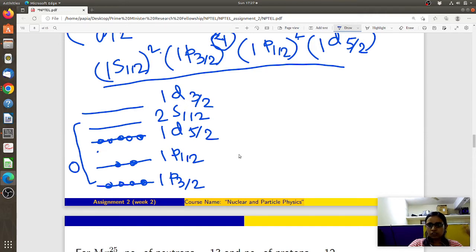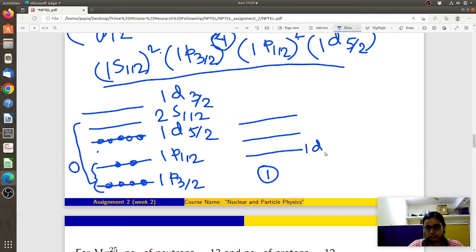What will be the first excited state energy contribution? As we can see here, these two have no problem, so we are neglecting these two terms right now. In that first excited state, let me write 3 energy states: the first one is 1d 5/2, then 2s 1/2, and then 1d 3/2.